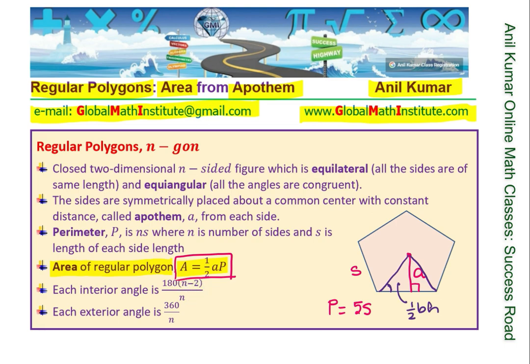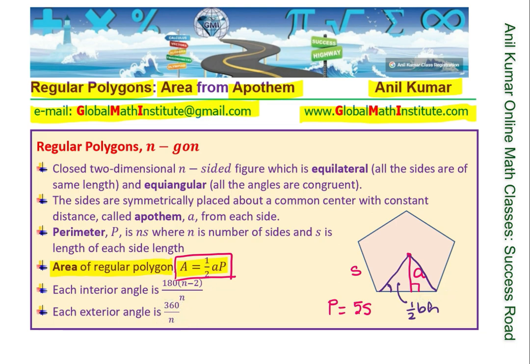This is because 3 sides give you a triangle, correct? So n minus 2 will give you the number of triangles, and in every triangle the sum of angles is 180, which means you need to divide by n to get each angle. Now, for each exterior angle, the sum of exterior angles is always 360, so divide by n to get an exterior angle.